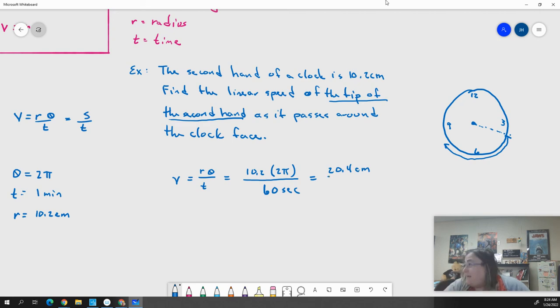If I divide that by 60 seconds, I get approximately, that's what these little wavy lines are, is approximately 1.07 centimeters per second. Does that make some sense a little bit? Yes.